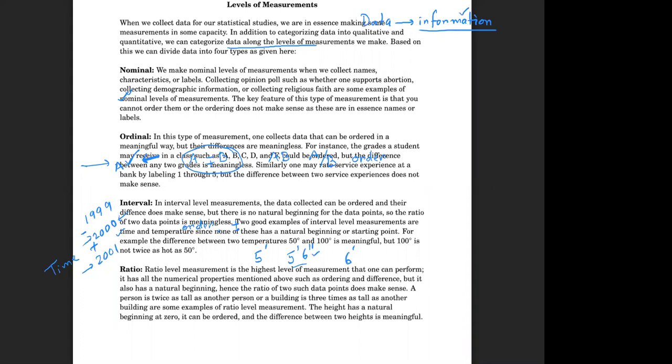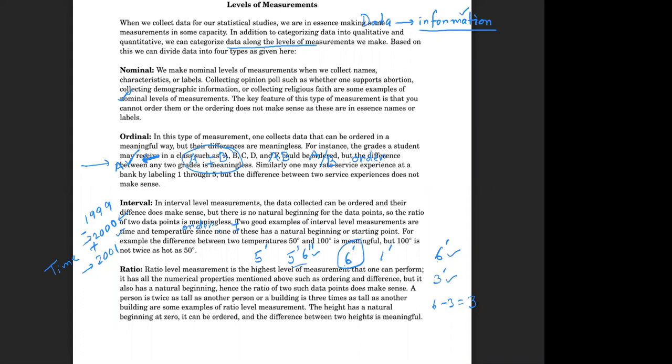The difference between 6 feet and 5 feet is 1 foot, right? Or let's say we are comparing Ali with somebody who is 3 feet tall, and Ali is 6 feet tall. It makes sense to say that Ali is twice as tall as this person, or the difference between Ali and the other person is 6 minus 3, which is equal to 3.